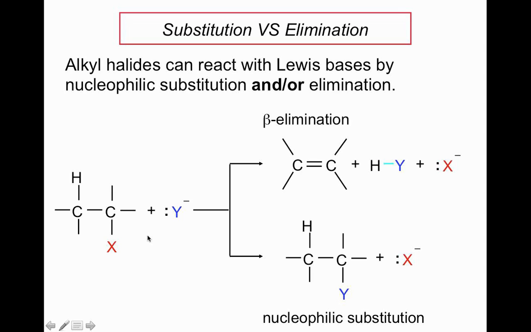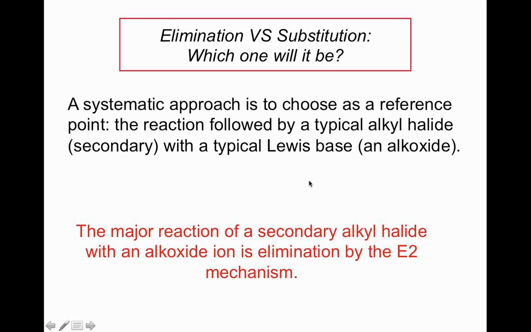You can either eliminate the beta hydrogen and the leaving group to produce an alkene, or you can substitute the leaving group with the nucleophile to do a substitution reaction. We'll conclude this pre-lecture by discussing all of the different factors that favor substitution versus elimination so you can determine which of the two functional groups will be the majority product in a competing elimination and substitution reaction.